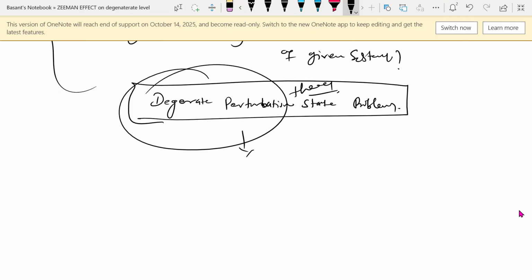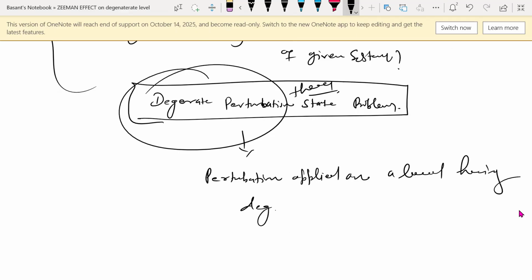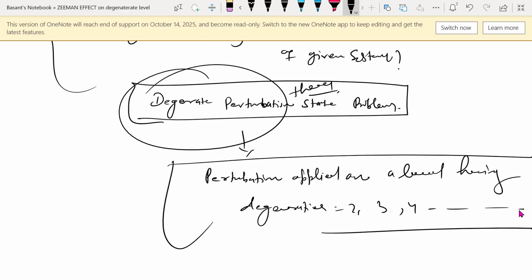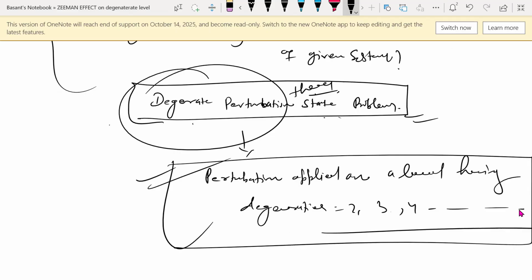Degenerate perturbation theory means the perturbation applied on a level having degeneracies 2, 3, 4, etc. So this is the problem of degenerate perturbation theory.